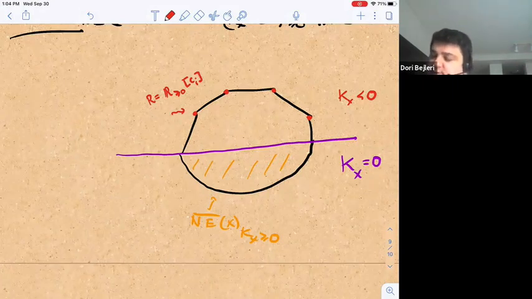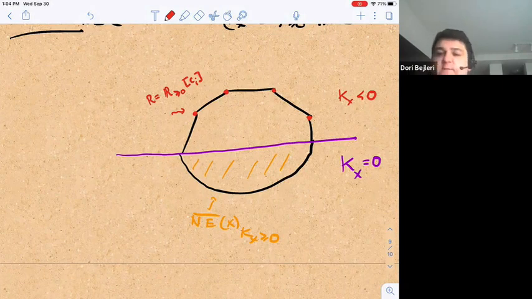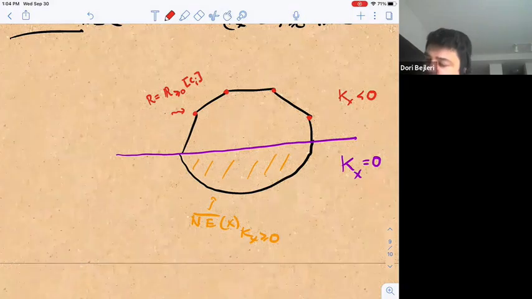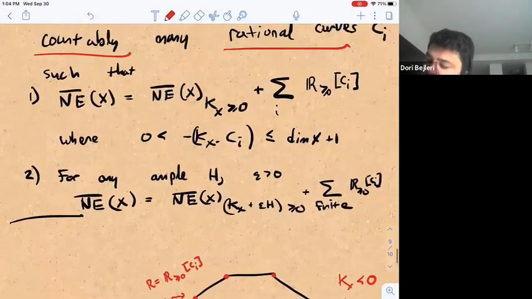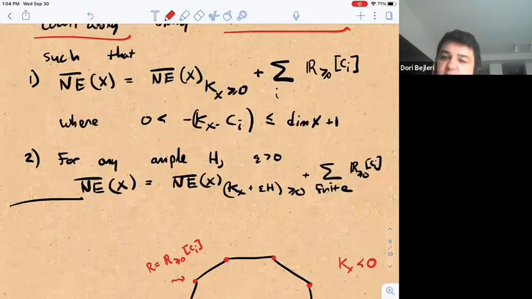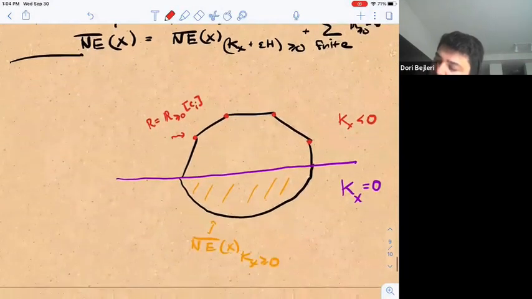So they have rational slope, and there's countably many of them. So we get something that's at least locally polyhedral. But a priori, there could be accumulation points because we just know countable. And 2 tells us the only accumulation points for these rays are on the boundary K_X equals 0.